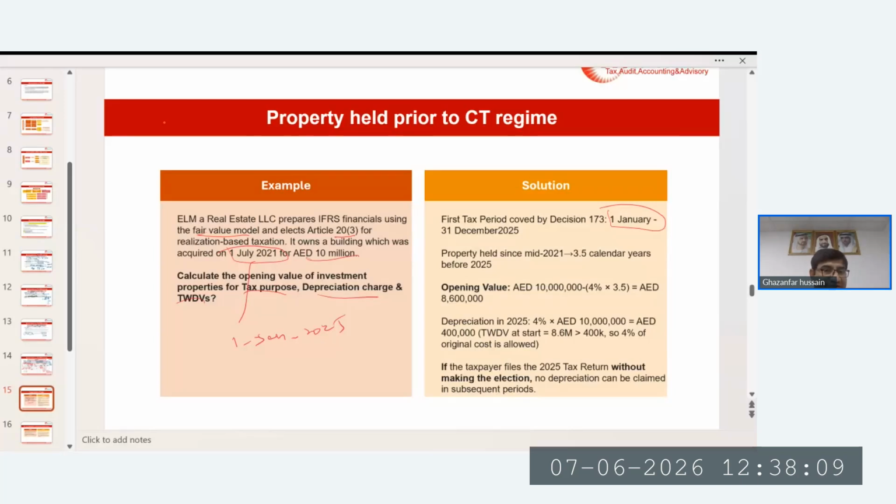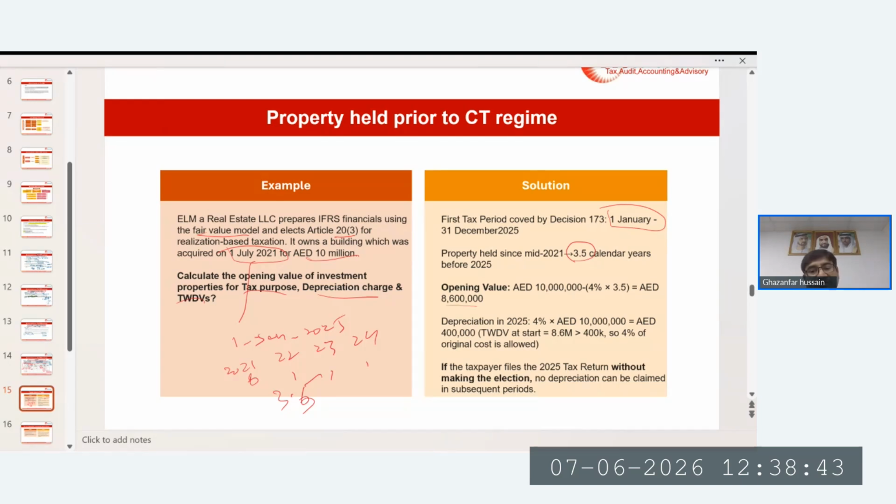We can say this is 6 months for 2021. 6 months, 22 is full, 23 is full, 24 is full. 1, 2, 3, so say 6 months. We can say 3.5. Okay, this is the period. The calendar years before that. Now the opening value we've seen, 4% of the 10 million multiplied by 3.5.